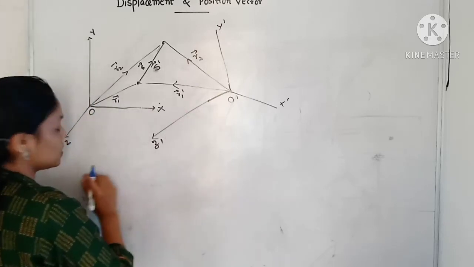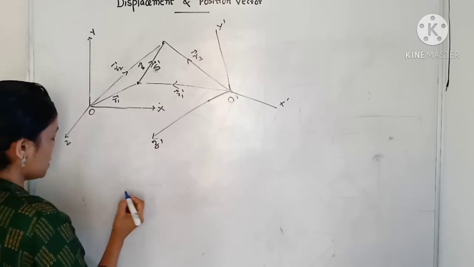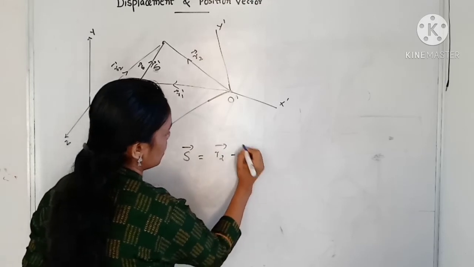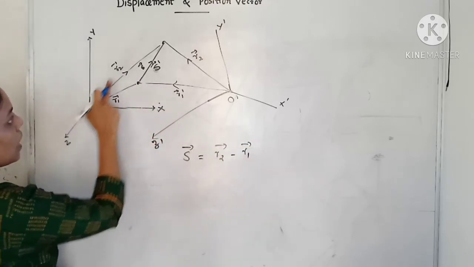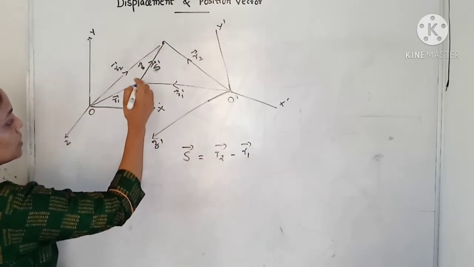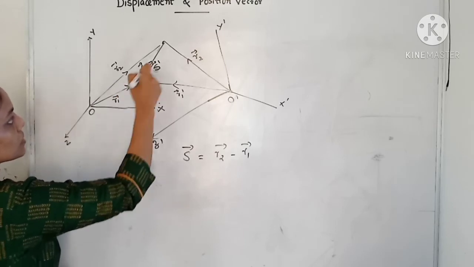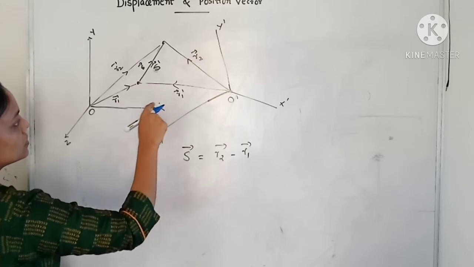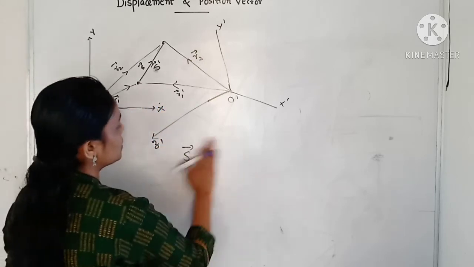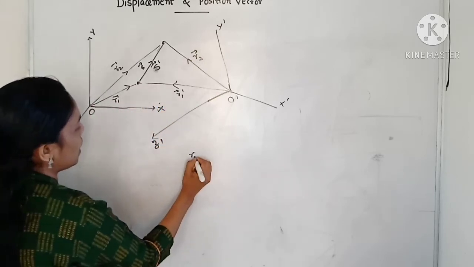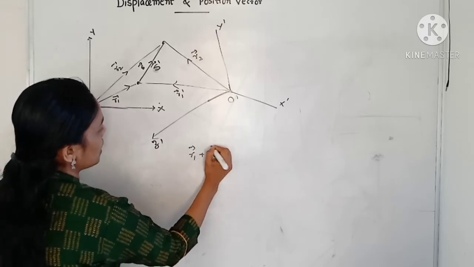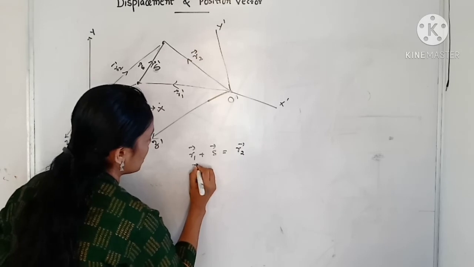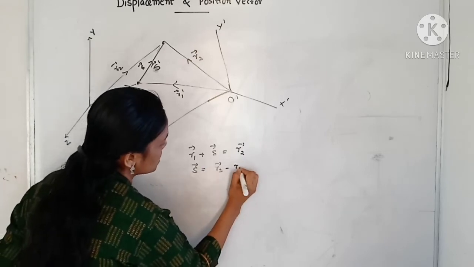From the first coordinate system we have S is equal to r2 minus r1, or we can write r1 plus S is equal to r2, or S is equal to r2 minus r1.